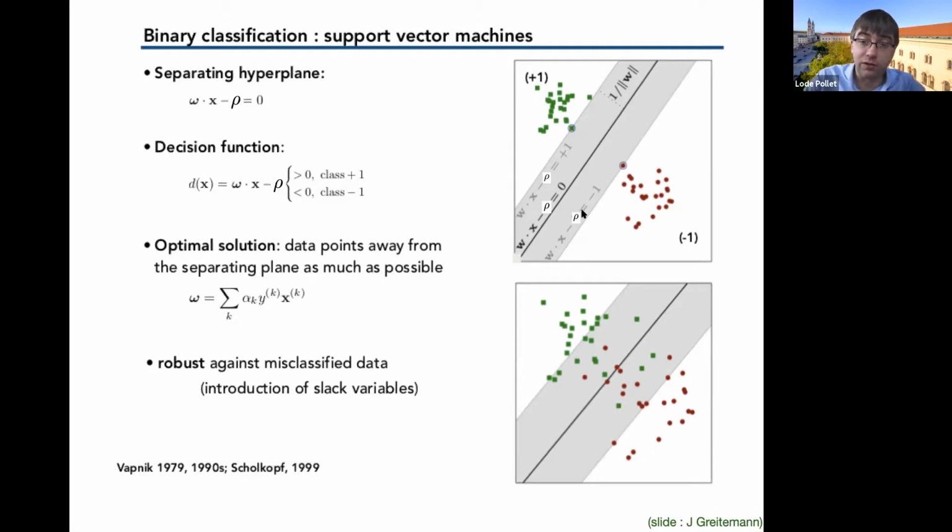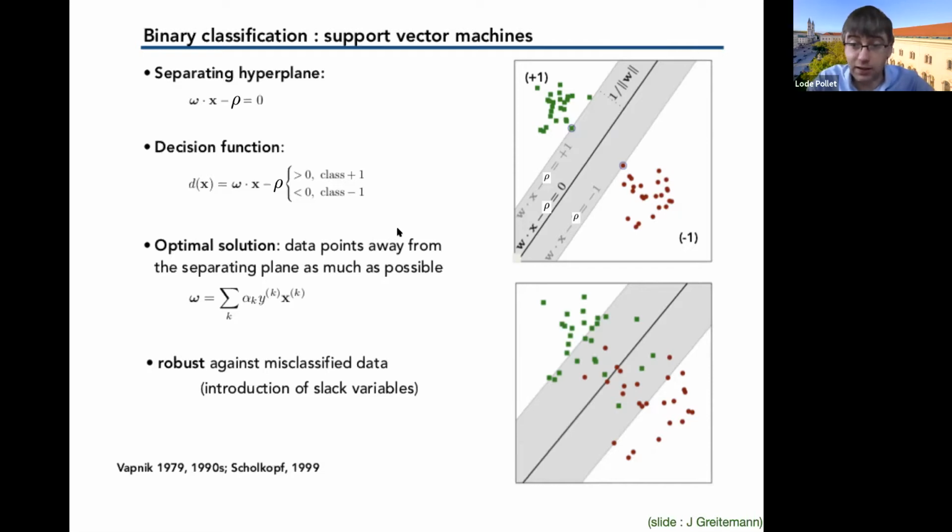Okay, so you try to define this hyperplane, and these algorithms will, based on training data, give you values for this W and this rho. This function is called the decision function, so it's 0 exactly on the separator. It's positive for, say, class +1, and it's negative for class -1.